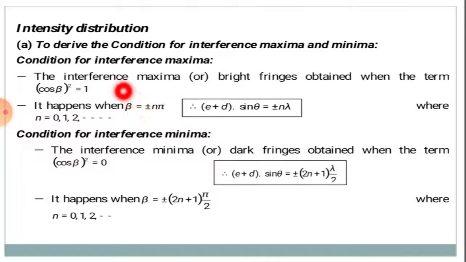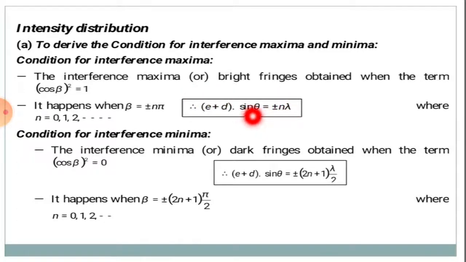Here beta is the phase difference between the two waves. The phase difference is pi by lambda into (e plus d) sin theta. Substitute this value and simplify, we get (e plus d) sin theta is equal to plus or minus n lambda.